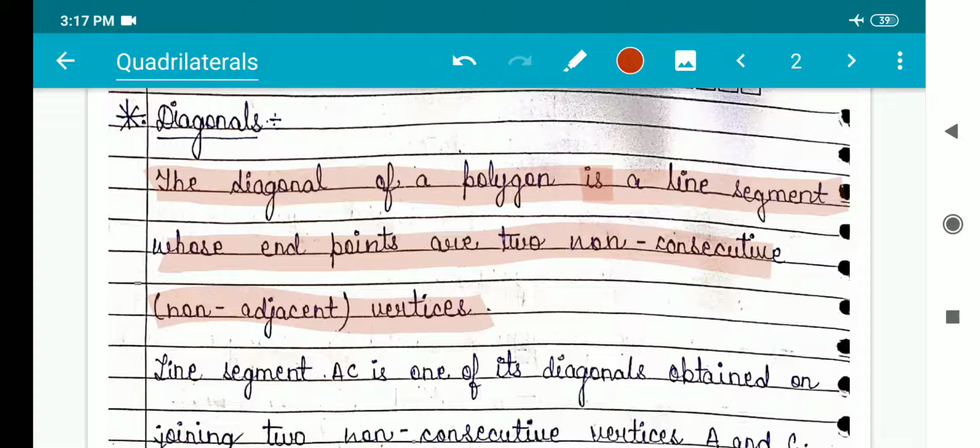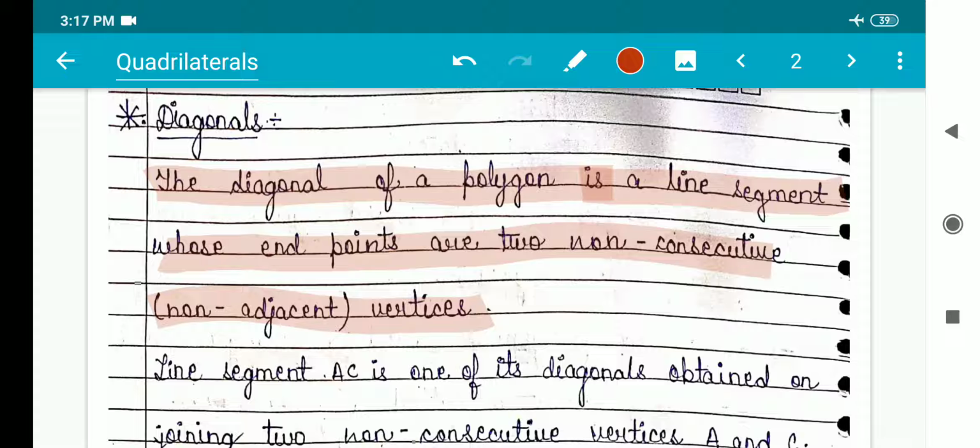Like the neighbor of 1 is 2, and the neighbors of 2 are 3 and 1. In the same way, non-consecutive means not neighbor. For example, 4, 5, 6, 7 are non-consecutive to 2.